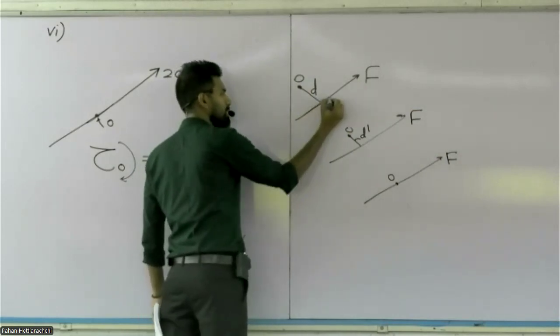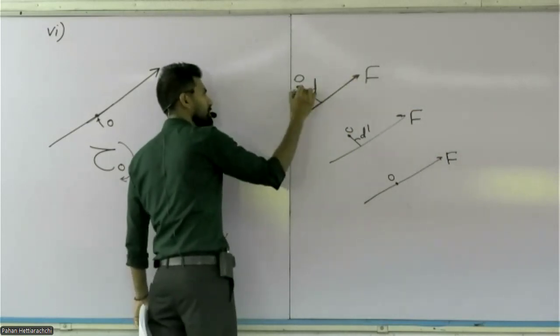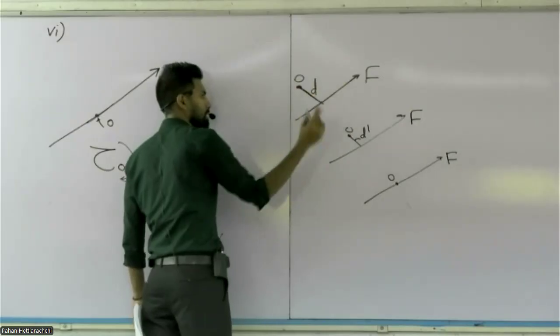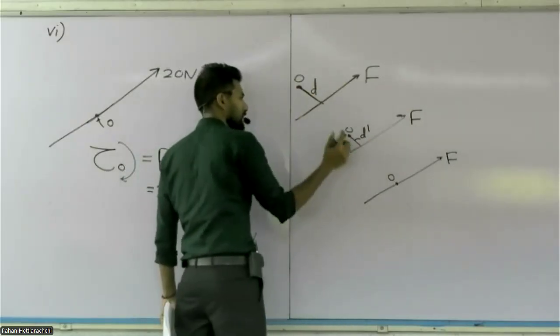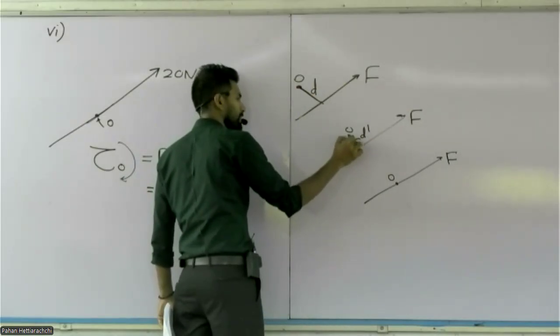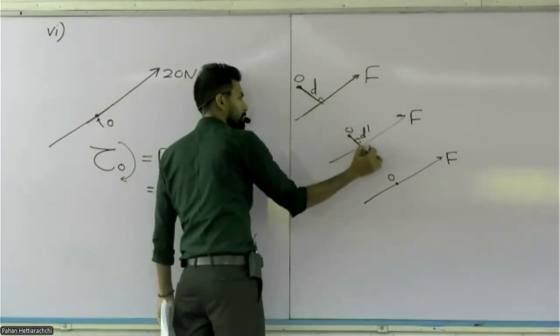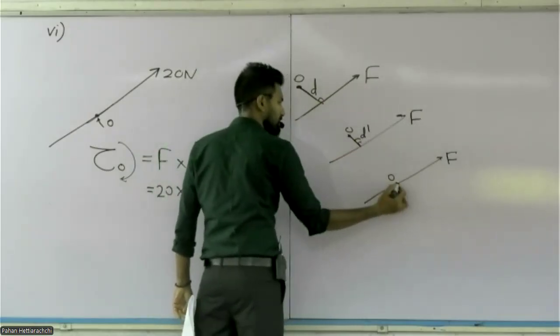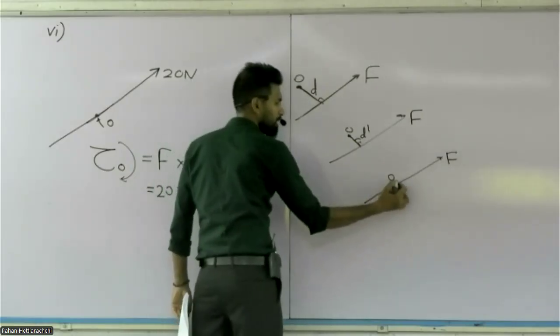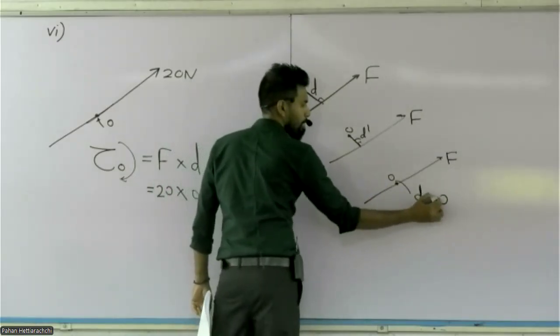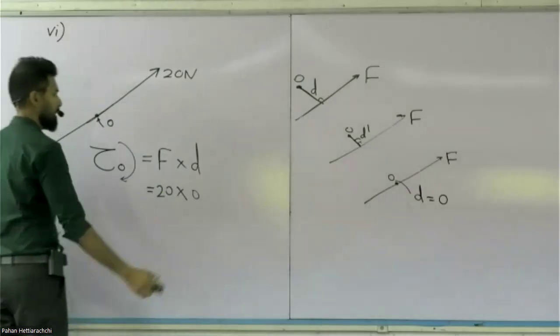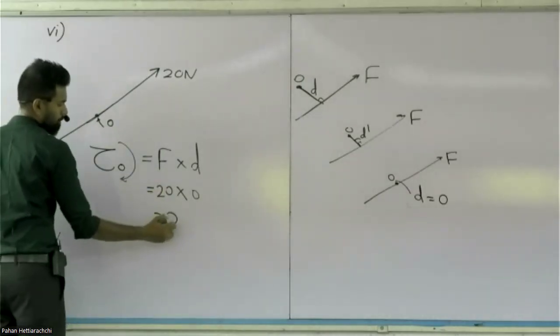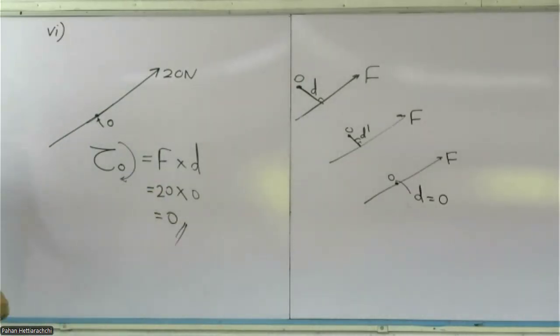If the force is like this and the point is O, this is the perpendicular distance. And if the force is like this and this is the point, there's no perpendicular distance. Then what happened? It becomes 0 and the moment becomes 0. You have to understand that also.